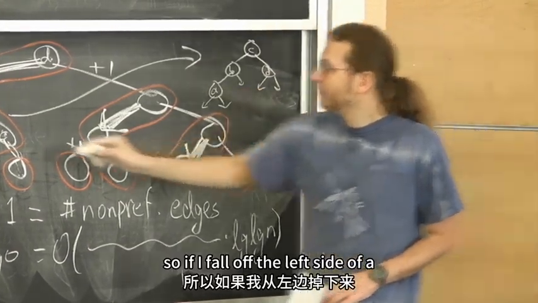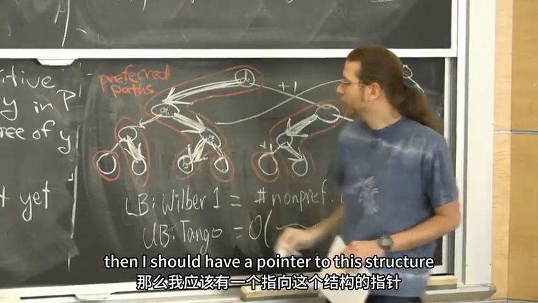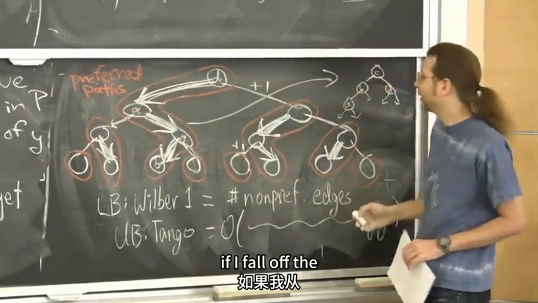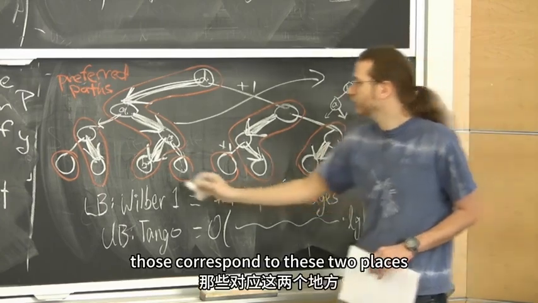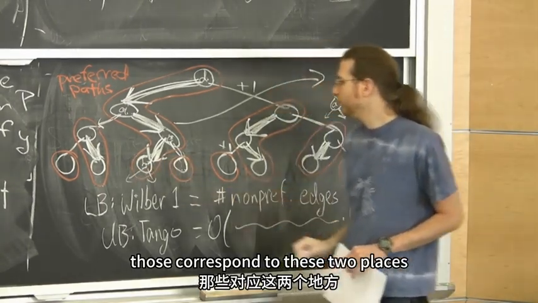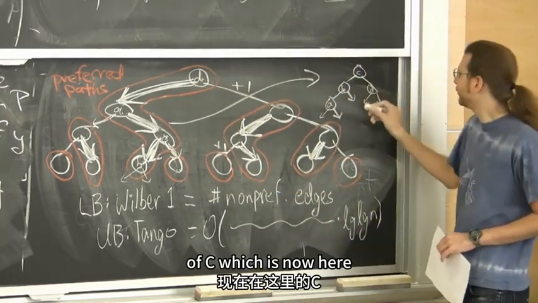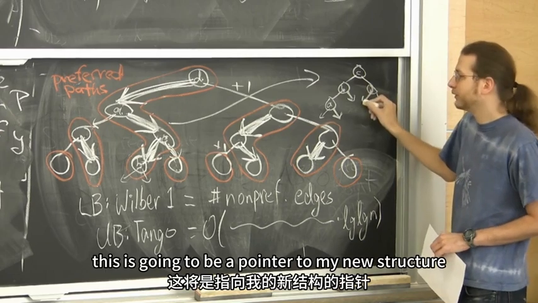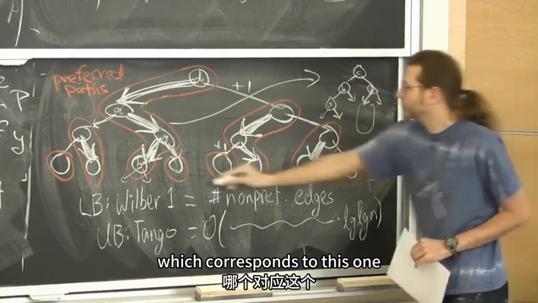So if I fall off the left side of A, then I should have a pointer to this structure. I guess these 2 are empty. Those correspond to these 2 places. If I fall off here, the right side of C, which is now here, this is going to be a pointer to my new structure, which corresponds to this one.